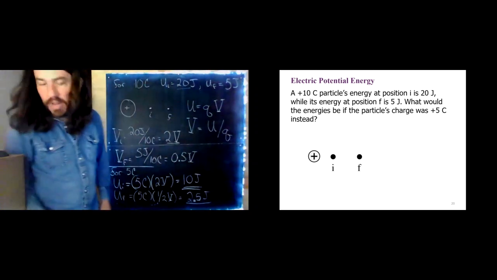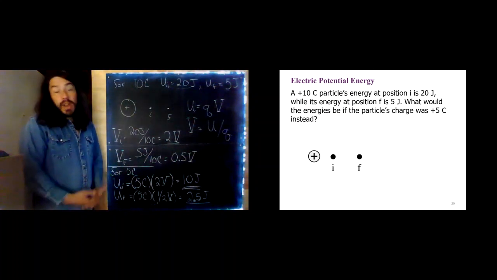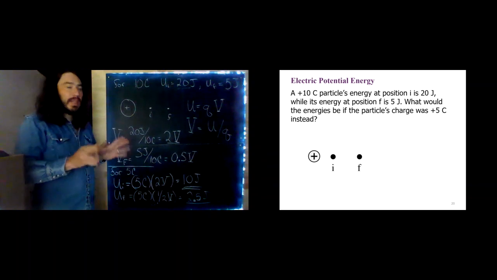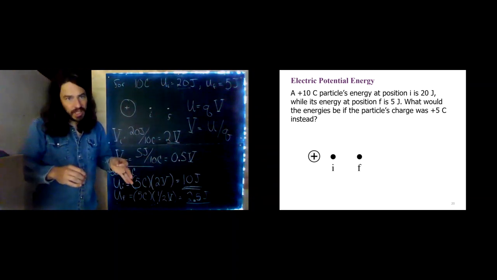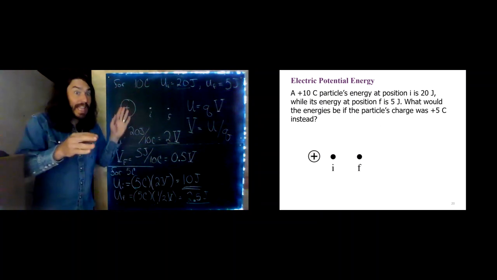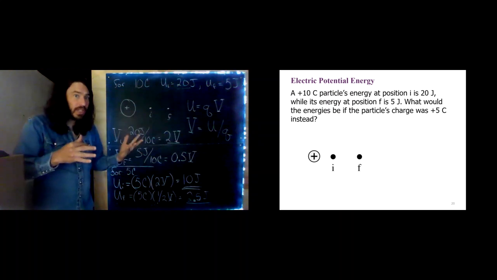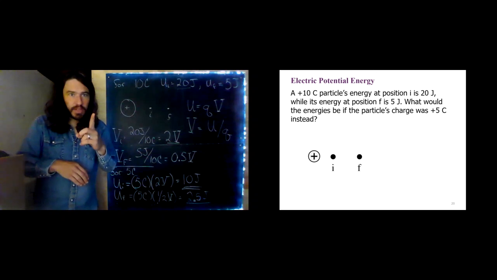And so one of the points I want to make with this example, the mathematics is pretty straightforward, right? The point I want to make is that the potential is something that's defined at a certain point. The potential energy is the energy of a charge at that point. Right? So potential and potential energy are different, but very closely related. Let's do another example.